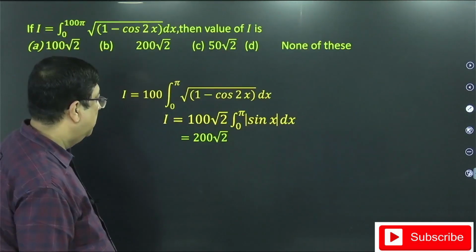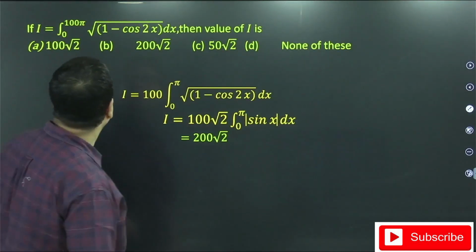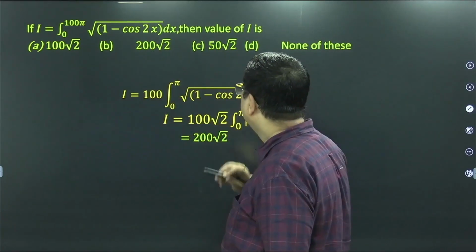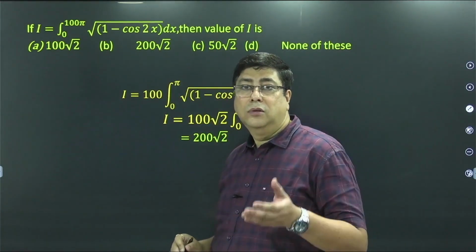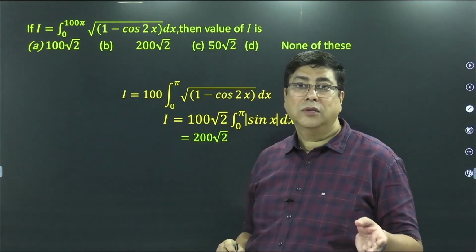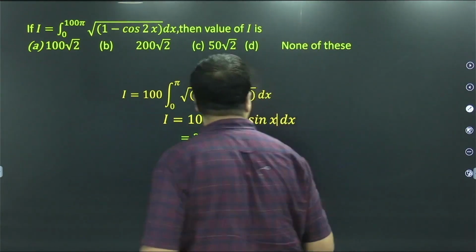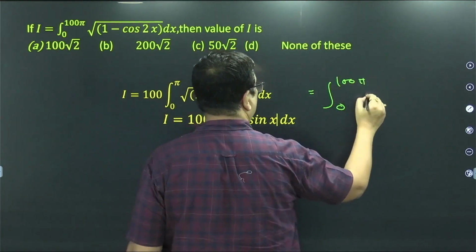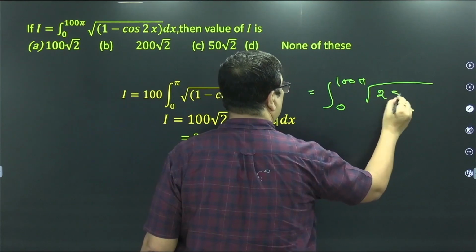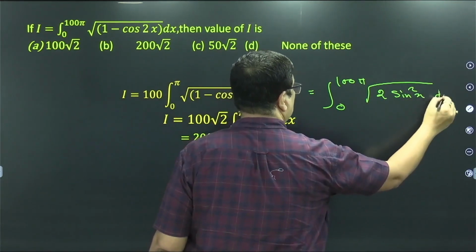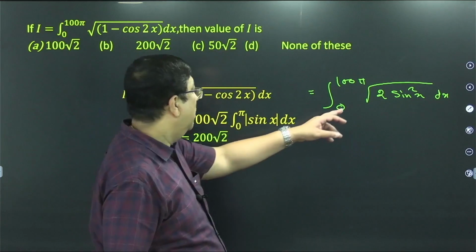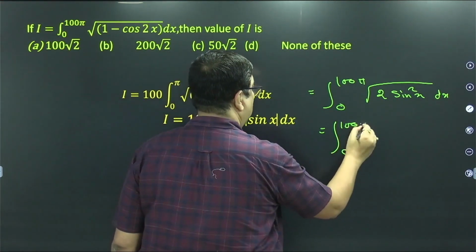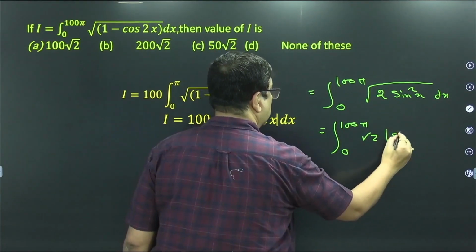Let's go to the next sum. Suppose this is the sum, the integral from 0 to 100 pi of root of (1 minus cos 2x). What is 1 minus cos 2x? It is 2 sin^2 x. So we are getting the integral from 0 to 100 pi of root of 2 sin^2 x dx. Root 2 comes out, and we get the integral from 0 to 100 pi of root 2 times mod of sin x.